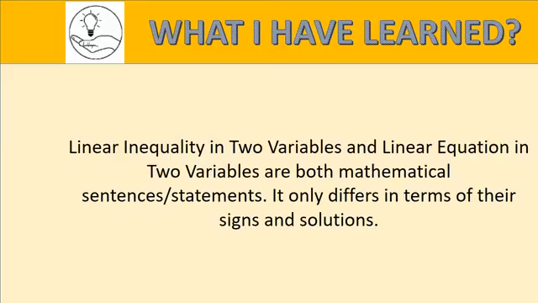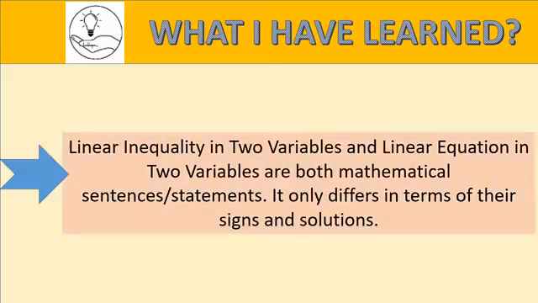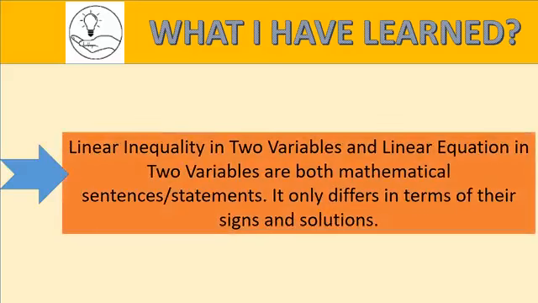Lastly, do not forget that linear inequality in two variables and linear equation in two variables are both mathematical sentences or statements. They only differ in terms of their signs and solution.